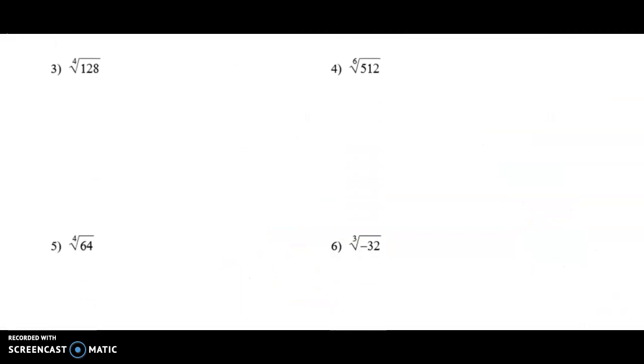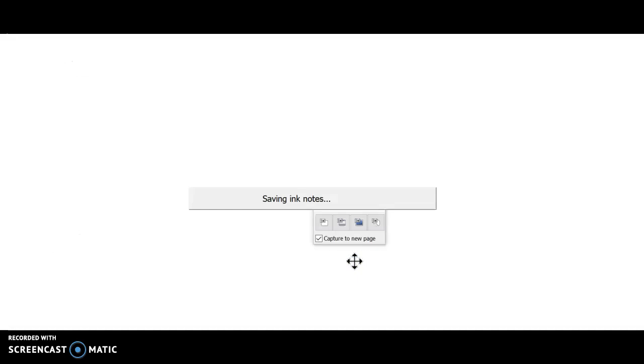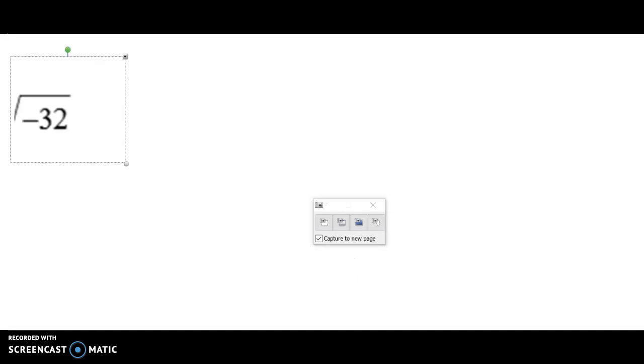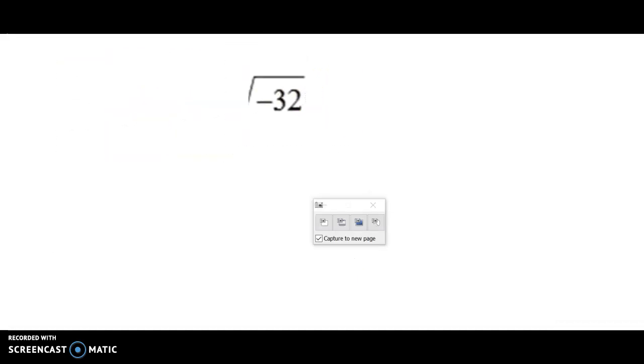Okay, let me see. Let's try one more. So let's look at this one here. Here's another negative. So I have the cube root of negative 32. It's supposed to be a cube root.